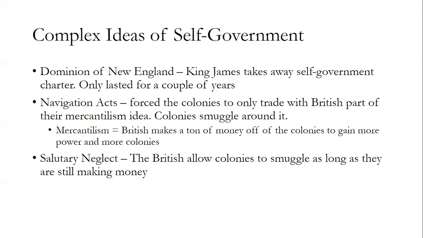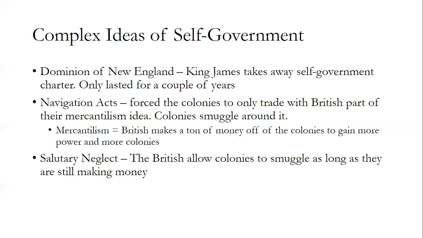Now, how that relates to mercantilism is because mercantilism was this idea that the British wanted to make a ton of money off the colonies so that they could gain more power and then eventually gain more colonies. So they thought money equals power, power equals more control of more parts of the country or more parts of the world. The British at this point are basically trying to take over a lot of the world.